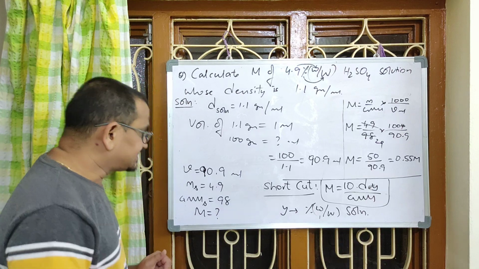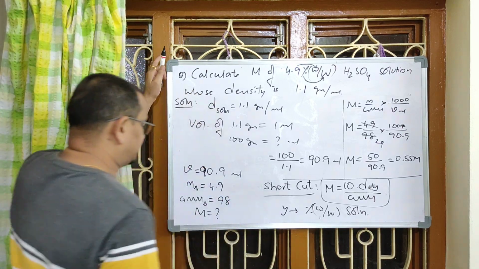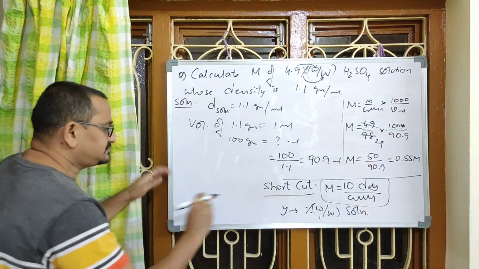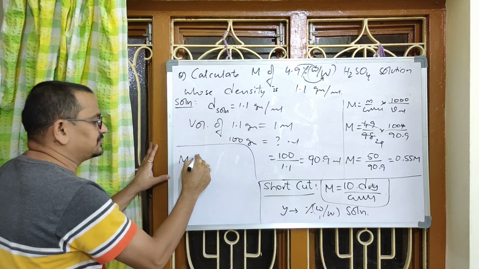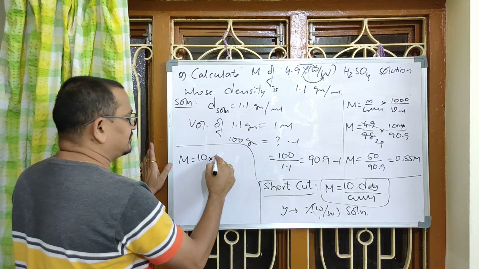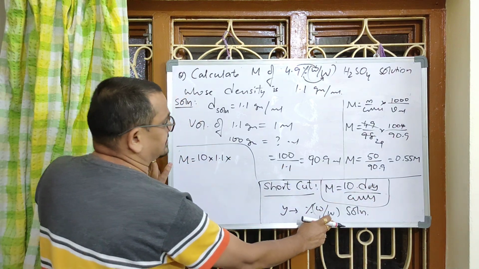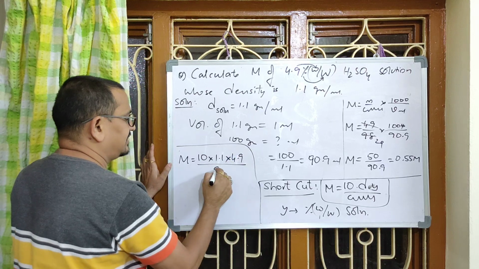Now, let us apply this. I hope you all copied this part. Let us substitute here itself. Molarity equals 10 into, what is the density value? 1.1, into Y, which corresponds to percent by mass. What is percent by mass? 4.9 by 98.